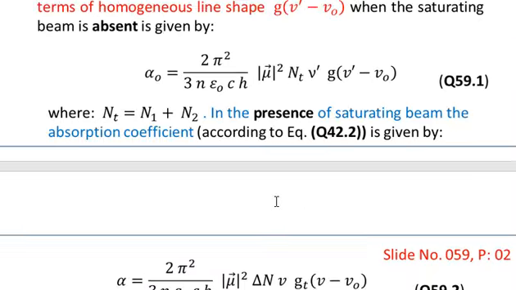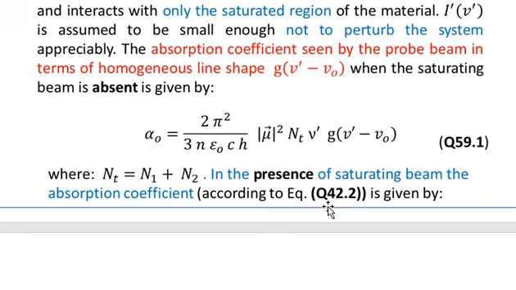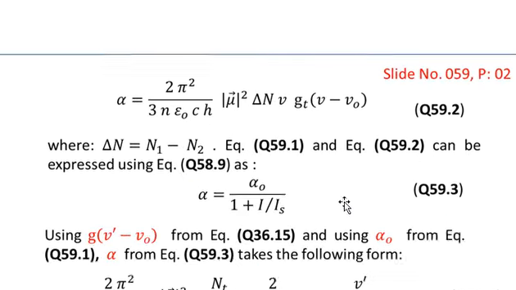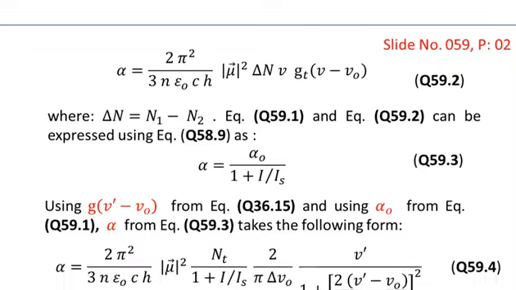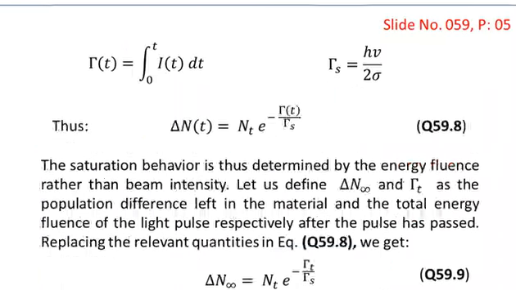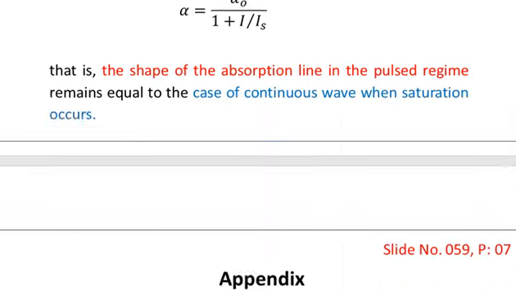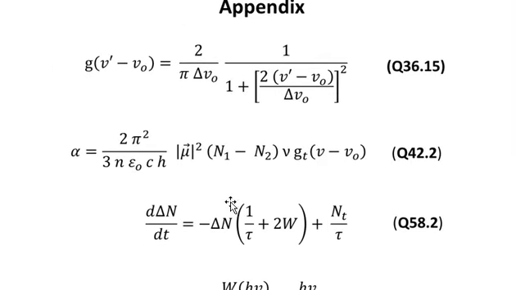So we have presented equation 42.2 and equation number 58.9 in the appendix, and let me show you these two equations. For example, this equation number 42.2, where we have given the value of the absorption coefficient alpha, and we have replaced in our case n1 minus n2 by delta n.